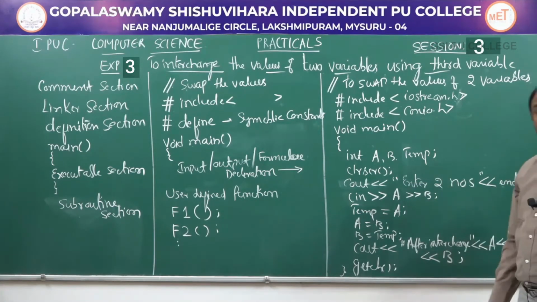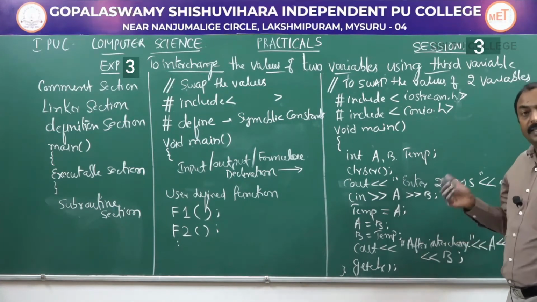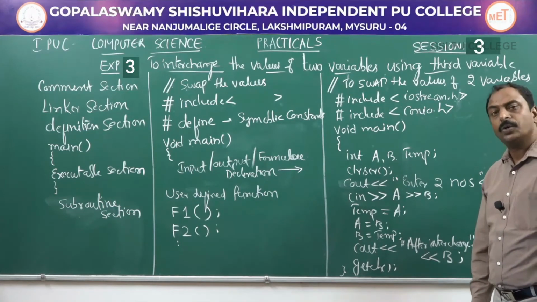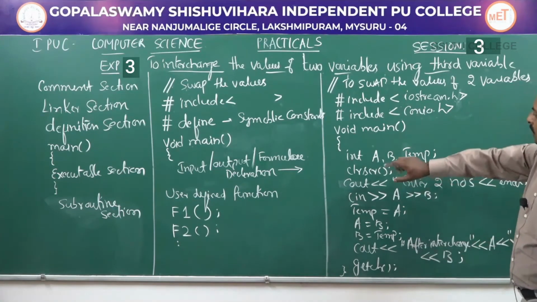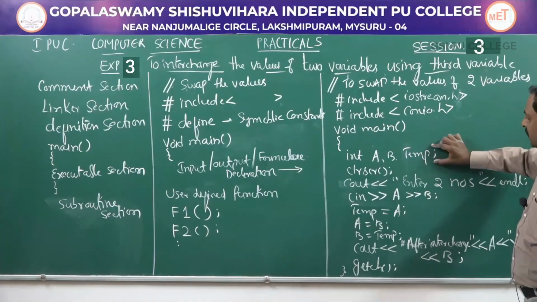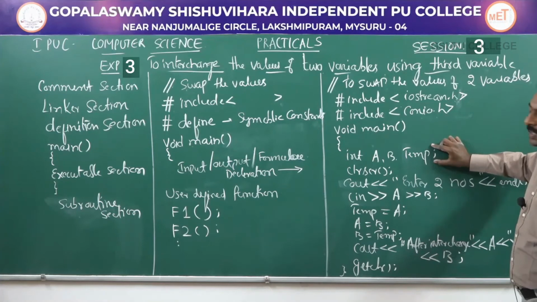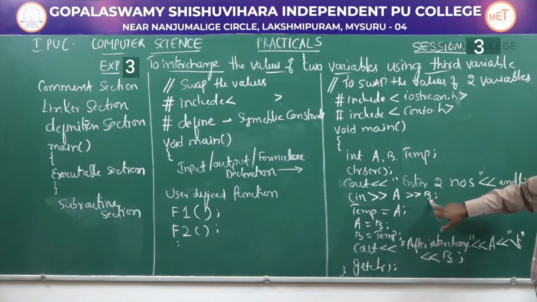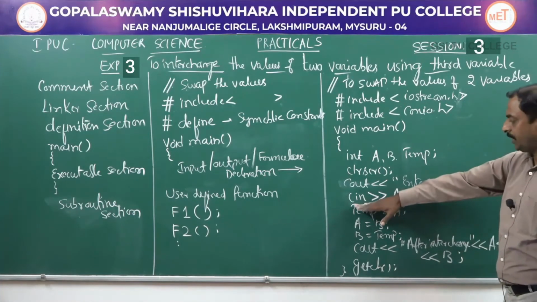And students, keep in mind, C++ is a case sensitive language, so there is a difference between uppercase and lowercase characters. We must use the same variables as in the declaration section exactly, without changing the case. Here, a, the operator, and b. Then this is the input statement.